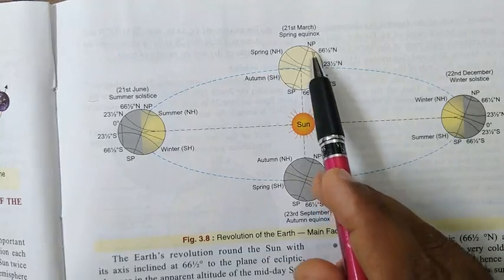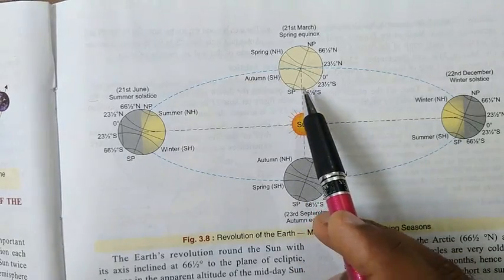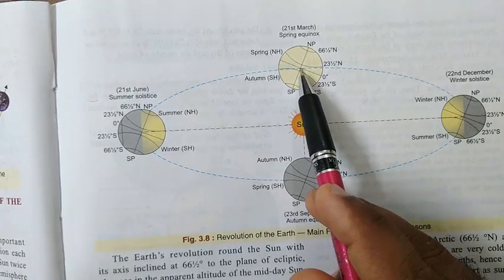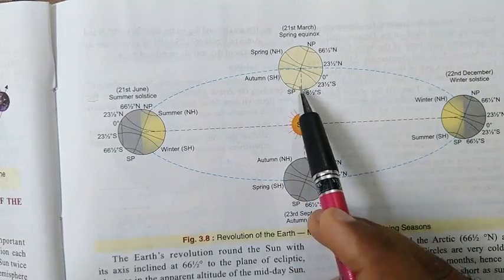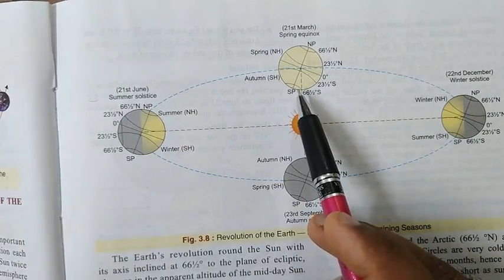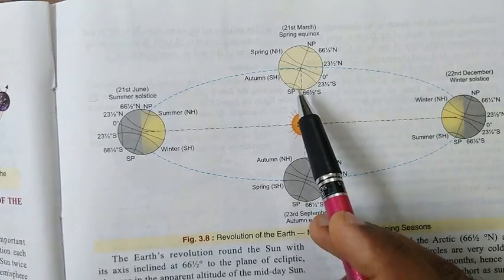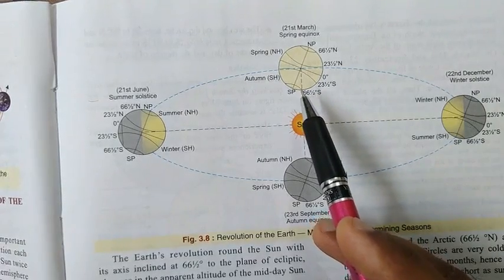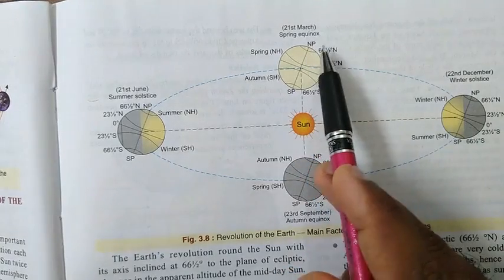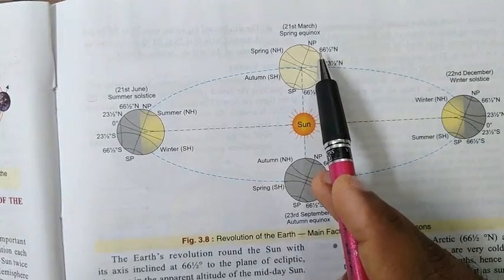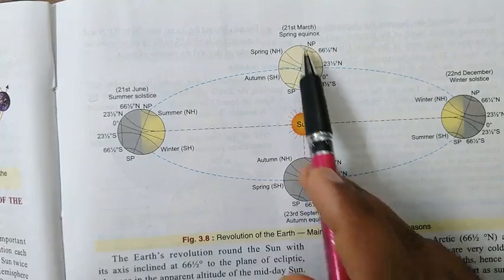That's why this inclination doesn't play any part, and the sun rays fall on the equator. This is the time when the whole earth experiences equal day and night, meaning the night is 12 hours and the day is also 12 hours. That's why the word equinox means equal nights, and this occurs in the spring season.